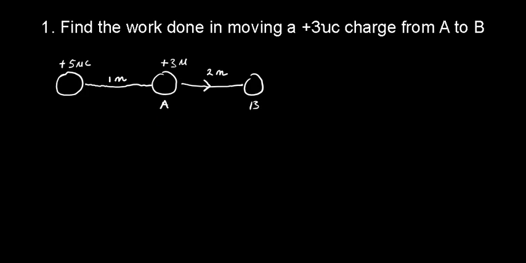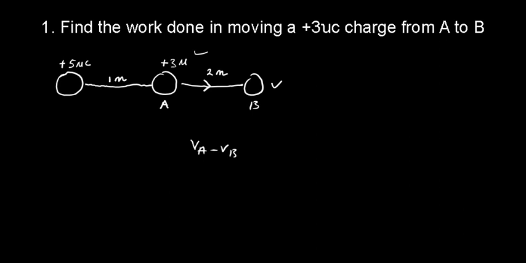So the potential difference is going to be what? VB minus VA. Remember that. We have to pay attention to the direction in which we are moving our charge. If we are moving from point B to point A, it's going to be VA minus VB, that is the final potential minus the initial potential.